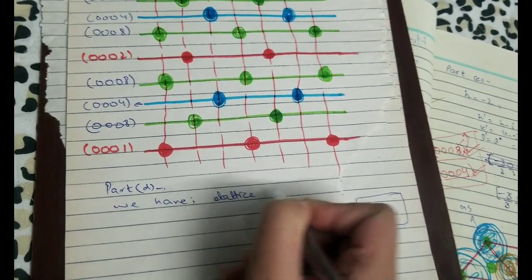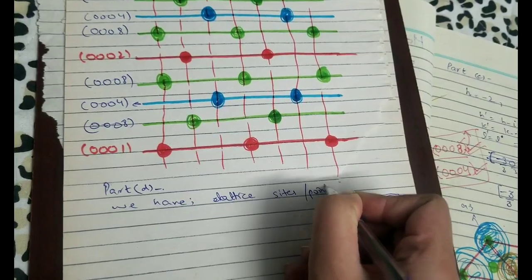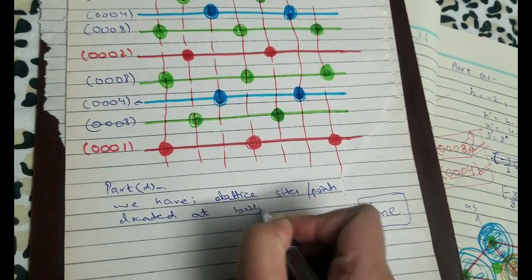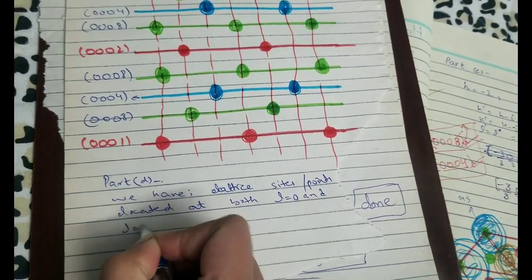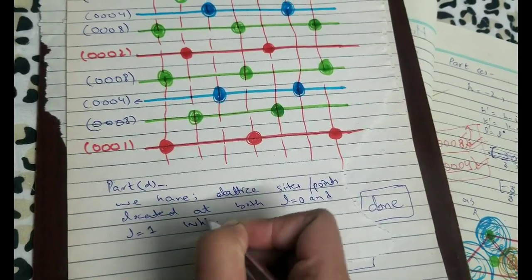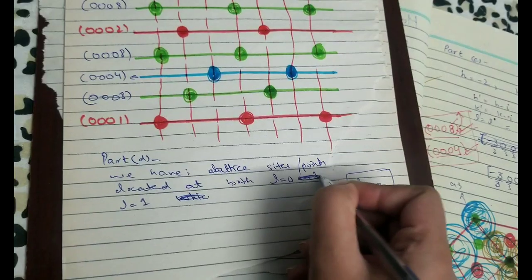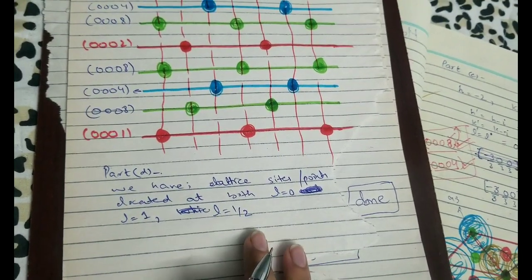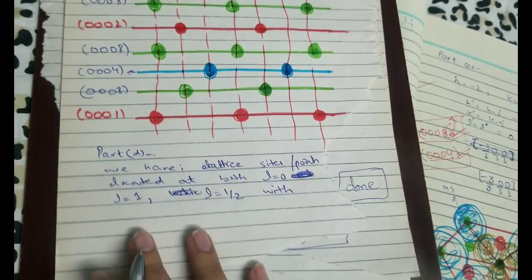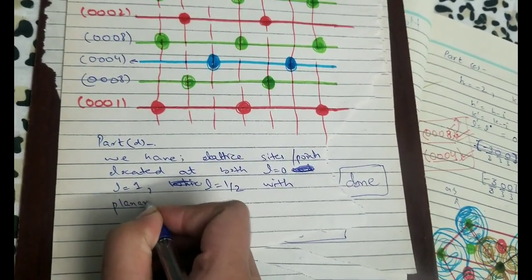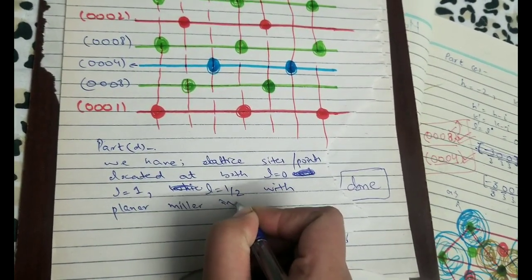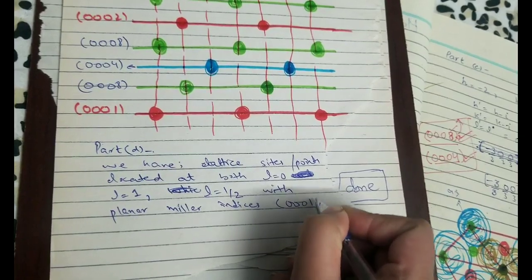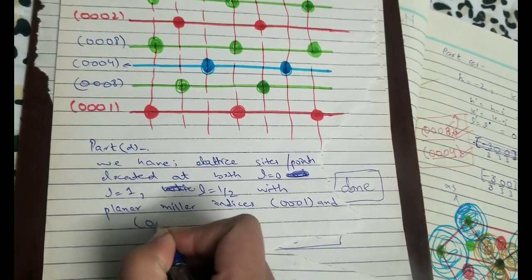lattice sites or lattice points located at both L equals 0 and L equals 1, which corresponds to L equals 0, the basal plane, L equals 1, the roof plane, and L equals 1 by 2, which is the middle plane, with planar Miller indices 0001 and 0002.